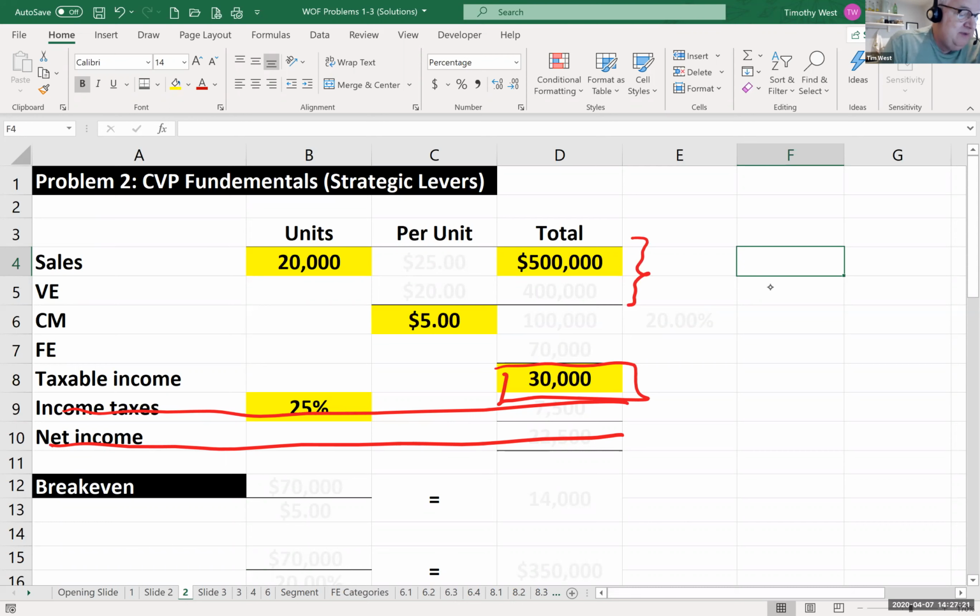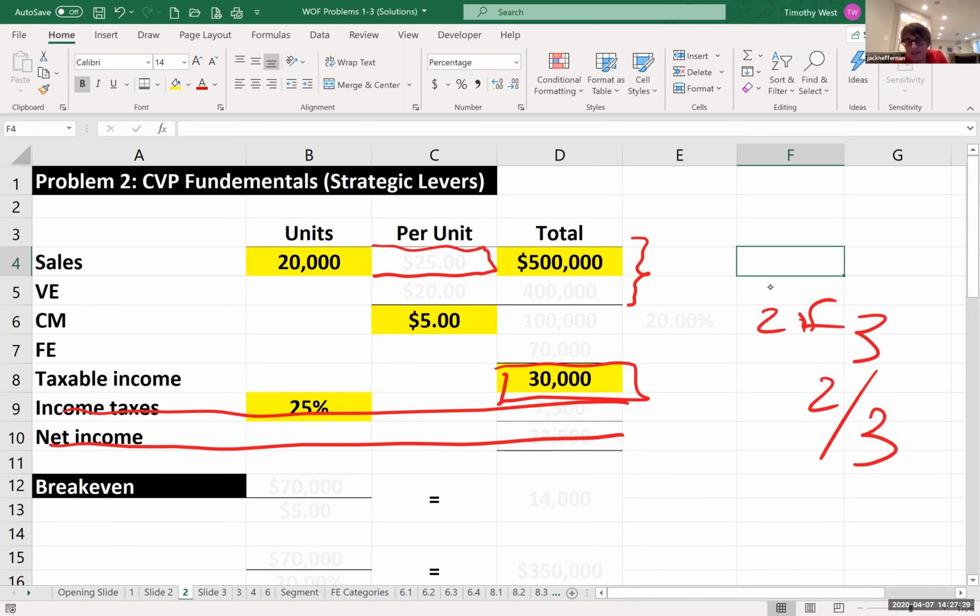Okay, so how am I going to get my sale price? Again, our famous thing is 2 of the 3. So I need 2 of 3. Go ahead. You're given the 20,000 unit volume and $500,000. 20,000 times 25 is 500,000.